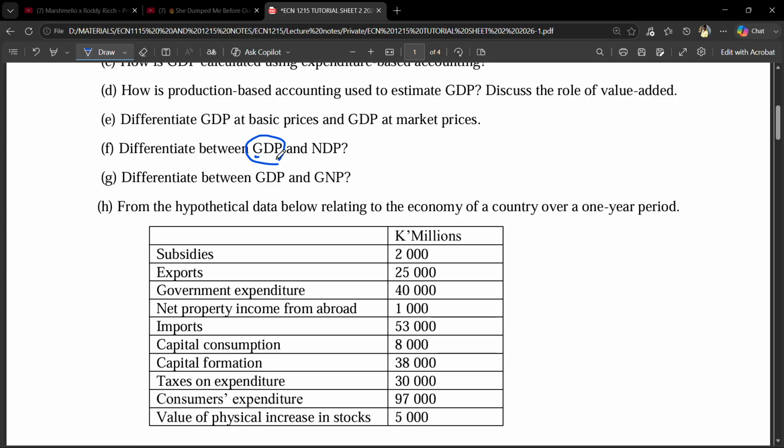What is depreciation? Depreciation is simply the value of a fixed capital good that was bought. So let me give an example. If you buy a car, let me say at 200. I'm just giving an example. If you use the car, that car will depreciate.